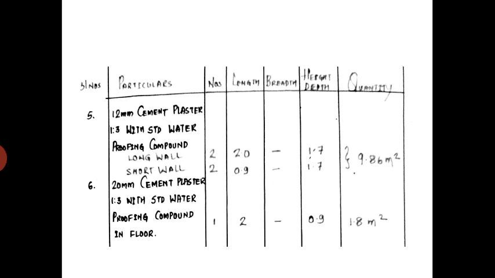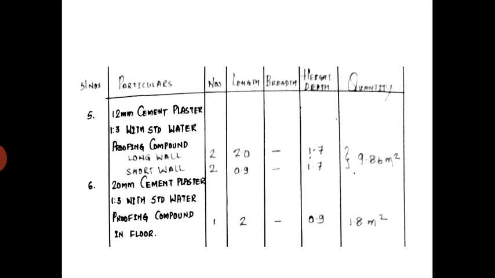And if you see the height, it is 1.7. That means the height is 60 plus 40, and above that again 30 is there. So it is a total of 1.7 you will get, including the RCC structure also.